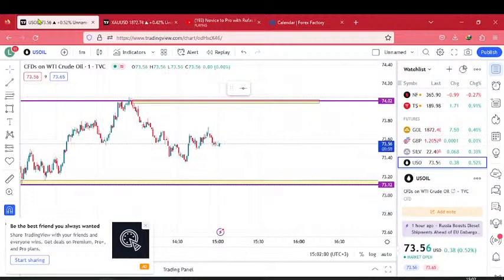If you want multiple take profits, let's say the first take profit you want to cash out when the market gets here, and the second one is here. When the market gets here, you cash out some money, and when it drops all the way down, you cash out some more. But if you're trading the minimum lot size, which is 0.01, you will not be able to have multiple take profit levels.